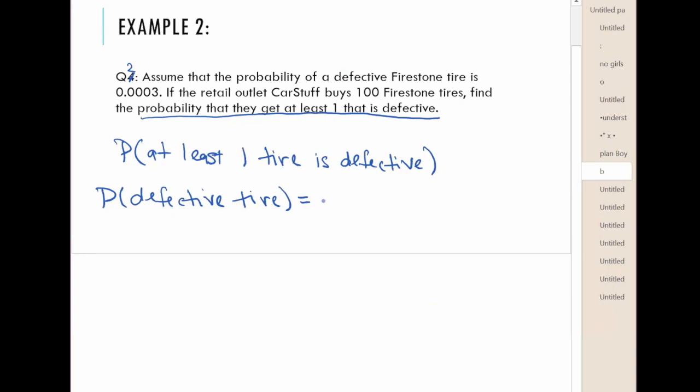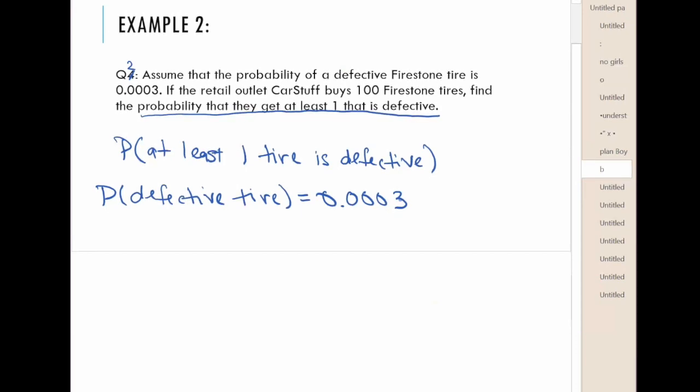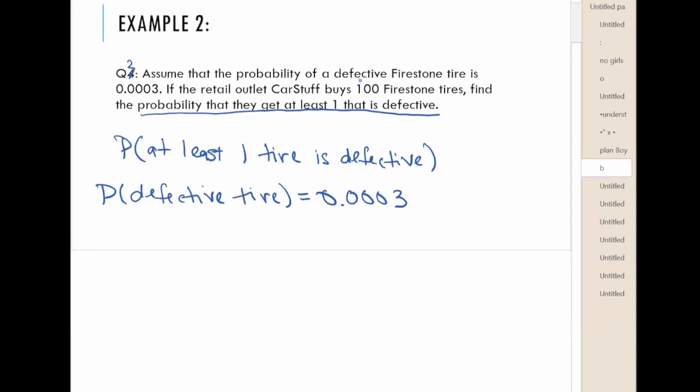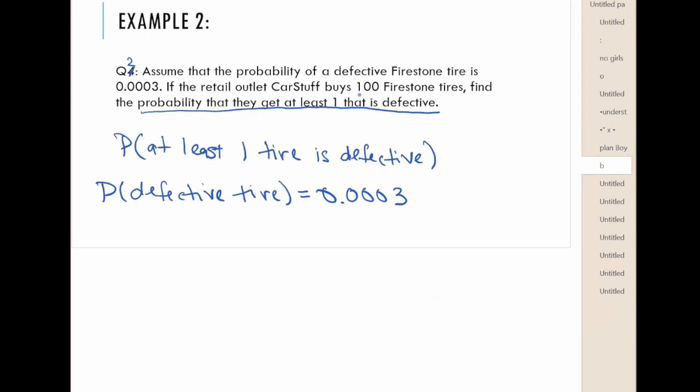It is equal to 0.0003. Now that was from the problem itself here. And then it looks like we're going to be looking at a sample of 100 tires for this scenario. So I don't really need the 100 just yet. That's just to signify my sample space. So let's actually get to this.